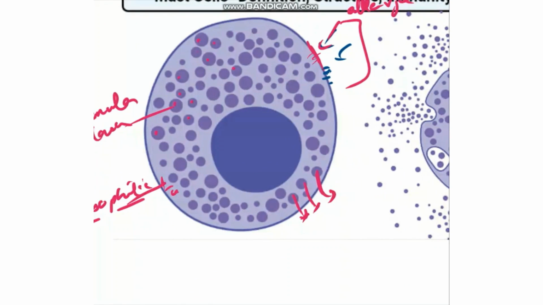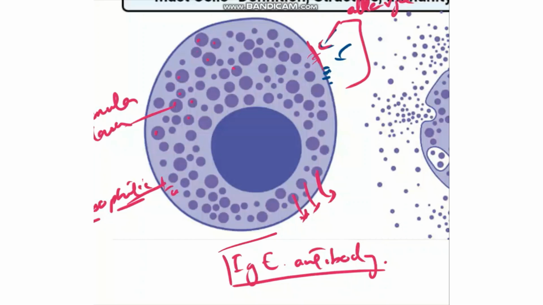These are detected. And then there's also a production of the IgE antibody, so that the next time this particular allergen comes in, it is detected in an even better way. So this cell would start producing the IgE antibody that is complementary to that specific allergen.